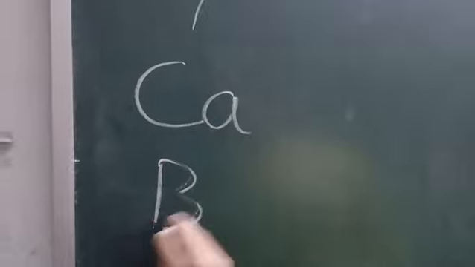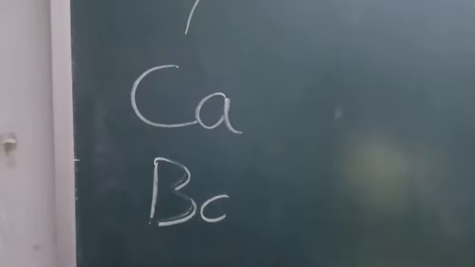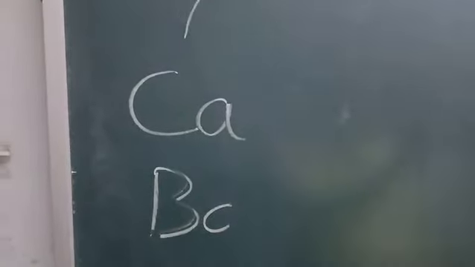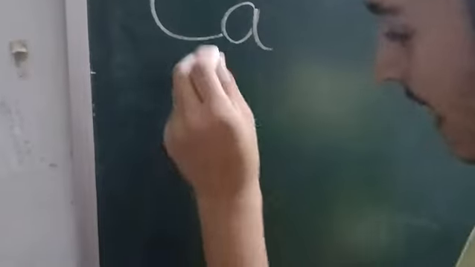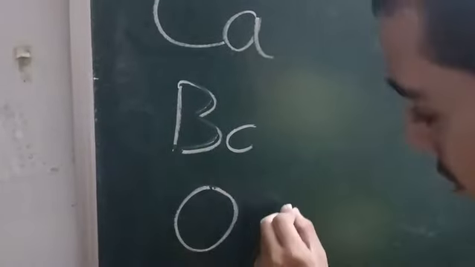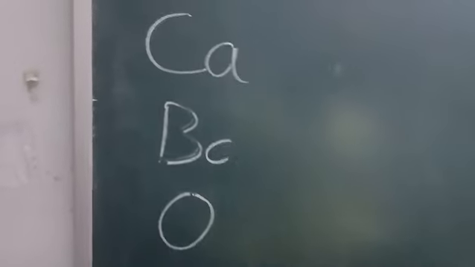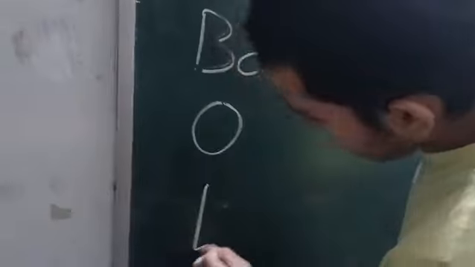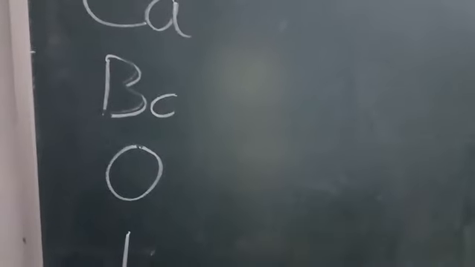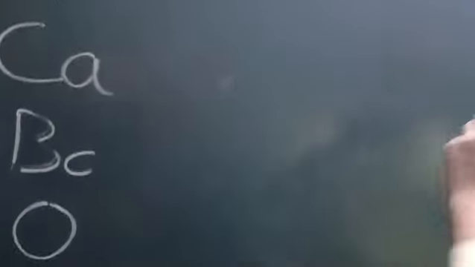Then the symbol BC will represent the times the money grew in the temples, and symbol O will represent the money offered in the temple, and L will represent the money with which the person moved to the next place, or the money left after offering the money.